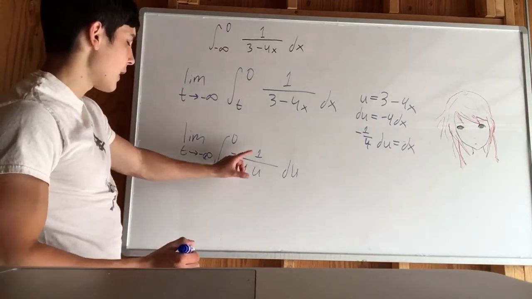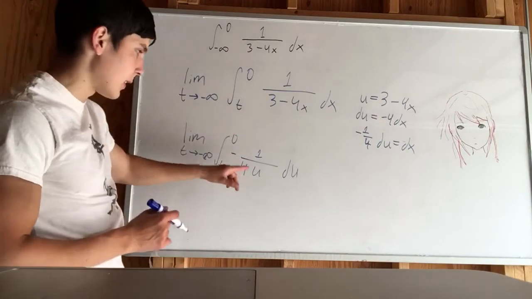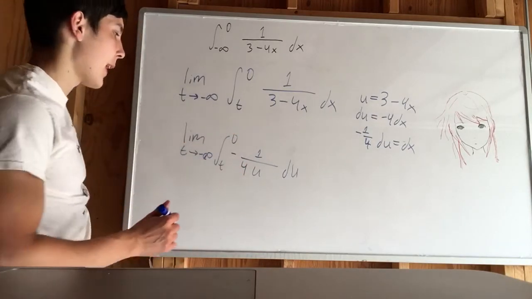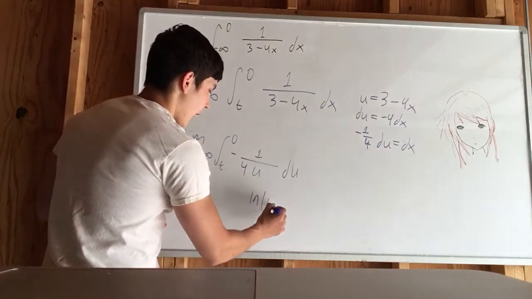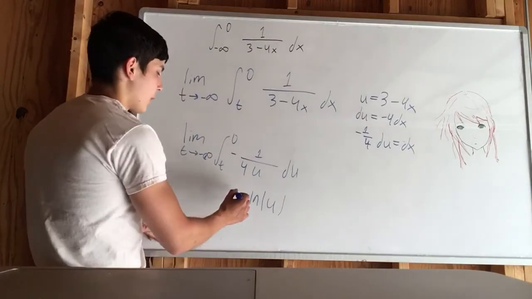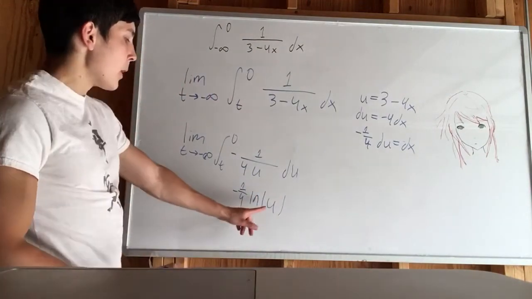The way we solve this is, you can imagine, this negative 1/4 is outside anyway. 1 over u, when you integrate that, that's just the natural log of the absolute value of u. So we got a negative 1/4 being multiplied to that u.